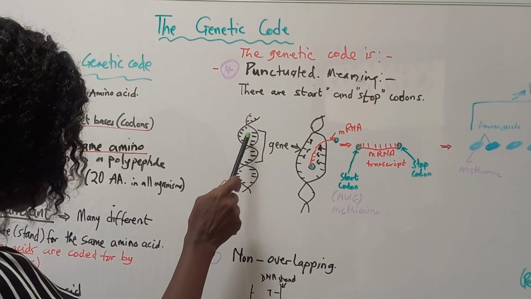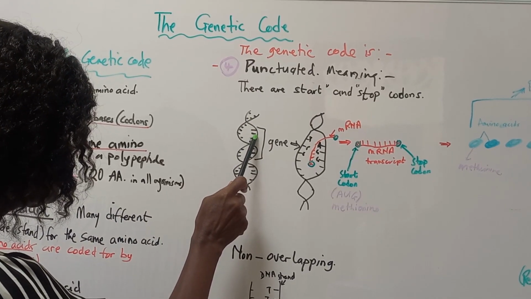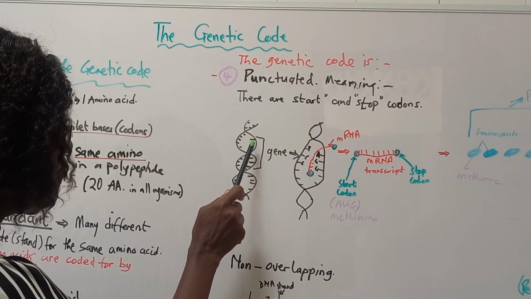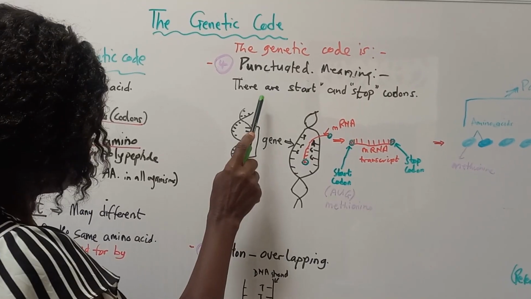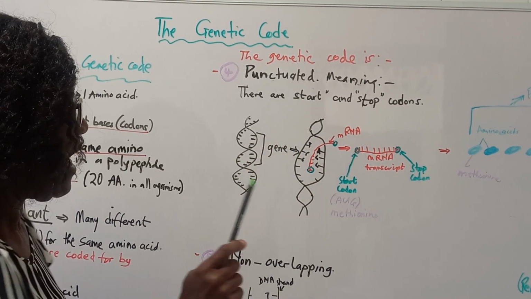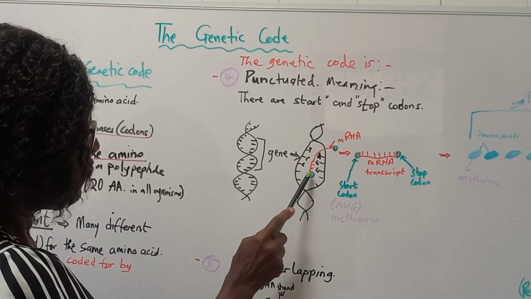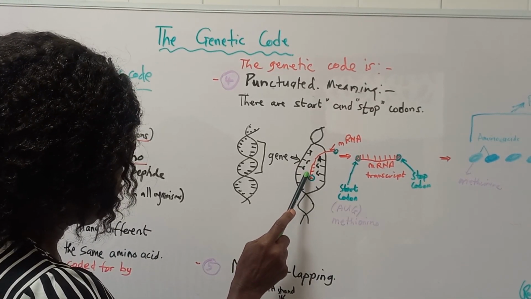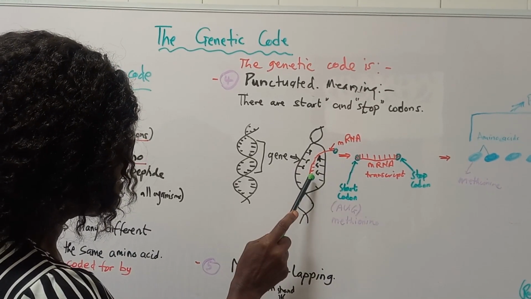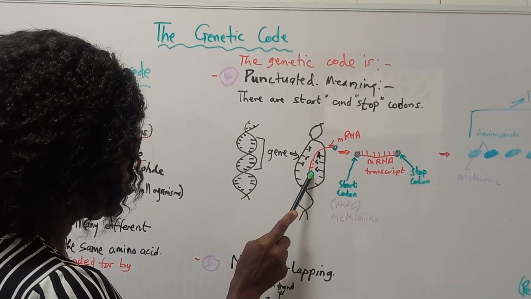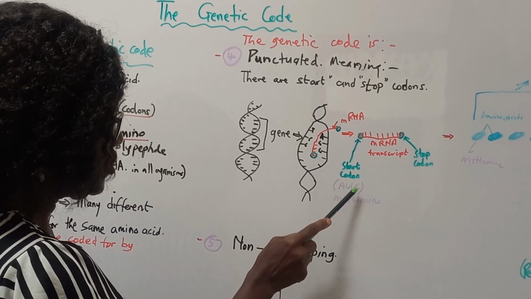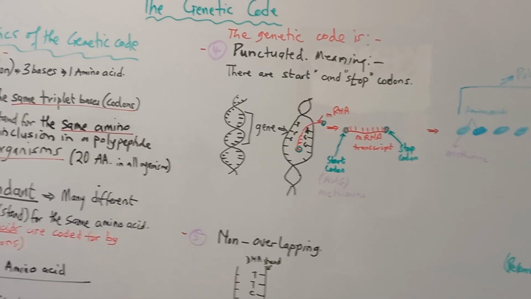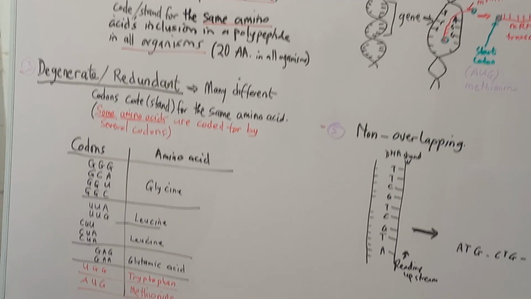These three too, and there will be some codons that do not code for an amino acid. So we have start and stop codons. At the onset of making a messenger RNA, there's a start codon, and that codon is AUG, methionine. Look at it here, methionine is an amino acid.